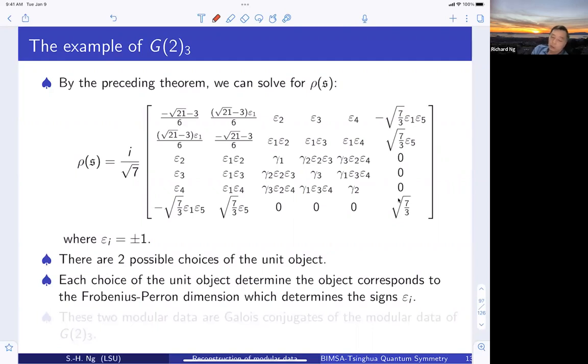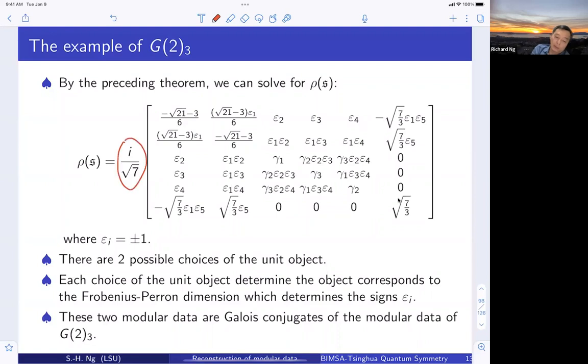So you can use it to determine the epsilon and end up solving the whole modular data. This is a modular representation. You have to rescale this one basically, I mean the first term, or these terms. And once you rescale it, it will be the modular data.